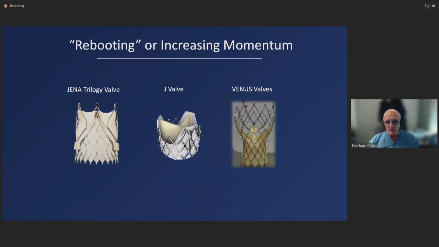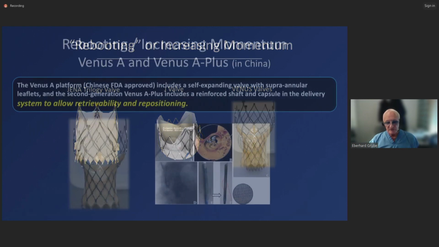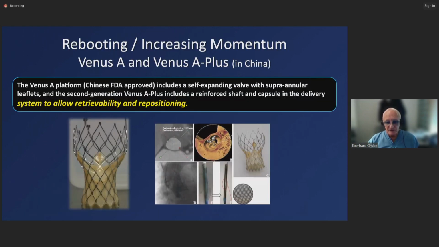Definitely increasing momentum, the Venus valves, the J-Valve, and the Jenscare valve. The Venus A-Plus valve, solely used in China, is a self-expanding valve with supraannular leaflets, and the second generation Venus A-Plus includes reinforced shaft system to allow retrievability and repositioning.